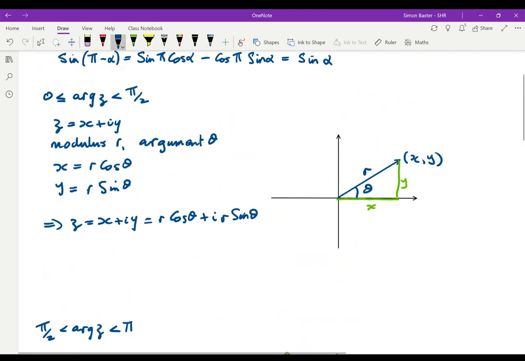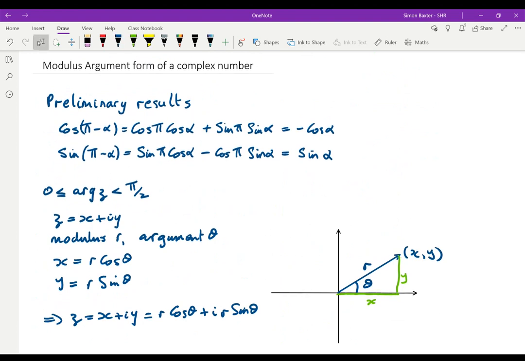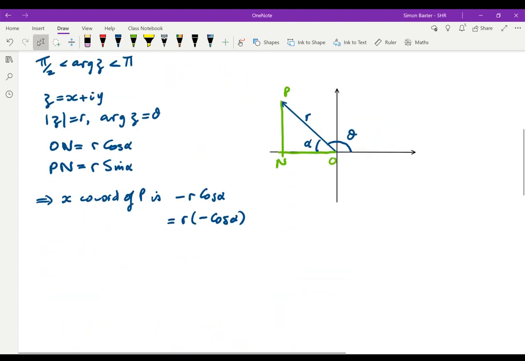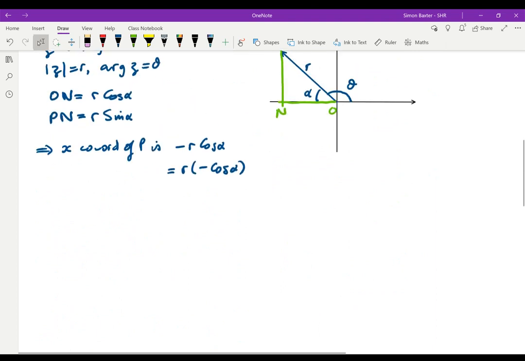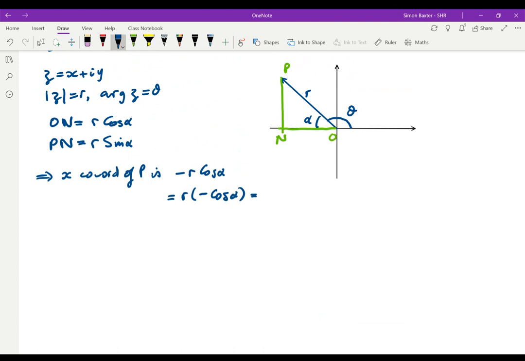Can we remember our preliminary result that minus cos alpha is the same as cos of pi minus alpha, and in a moment we'll be using that sine alpha is the same as sine of pi minus alpha. So minus cos alpha is the same as cos of pi minus alpha, which is cos theta.